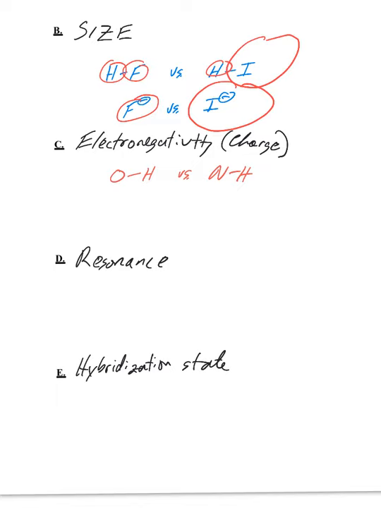And you could make the same argument as before. An O minus versus an N minus, which one's more stable? Which one's happier with a negative charge? Well, O minus, it's more electronegative, right? So the starting materials are reactive and the product is more stable.